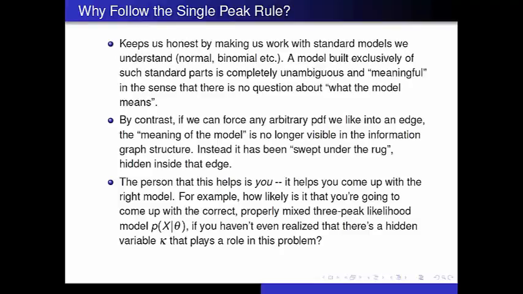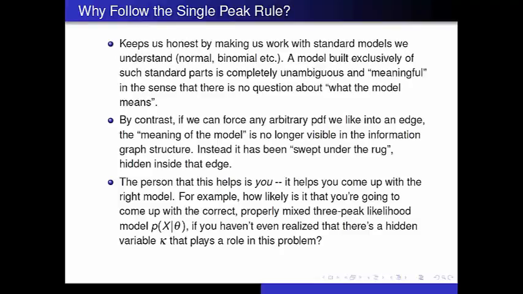It's a binomial, or it's a normal, or some straightforward likelihood model like that that you understand. And actually, just by glancing at the information graph, therefore, you can understand what the model is. Because each one of those edges, you can understand what it is, you can see how all the edges connect together, and you go, I understand this.